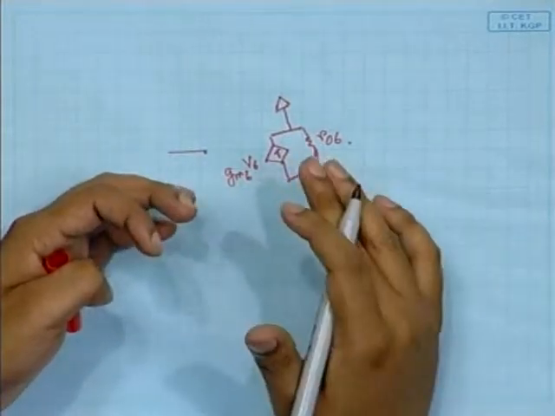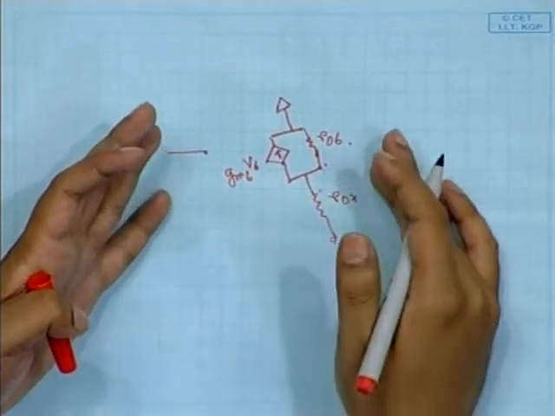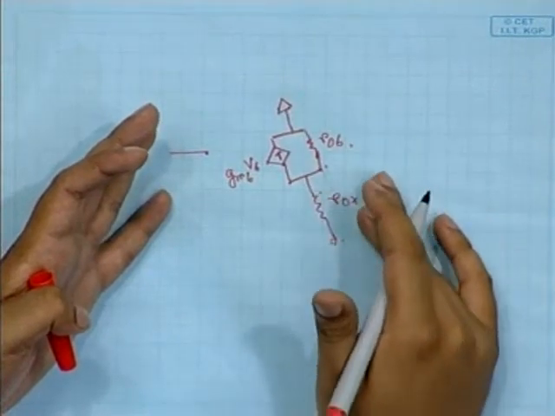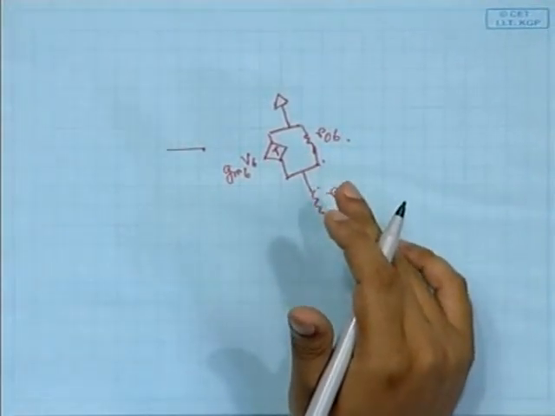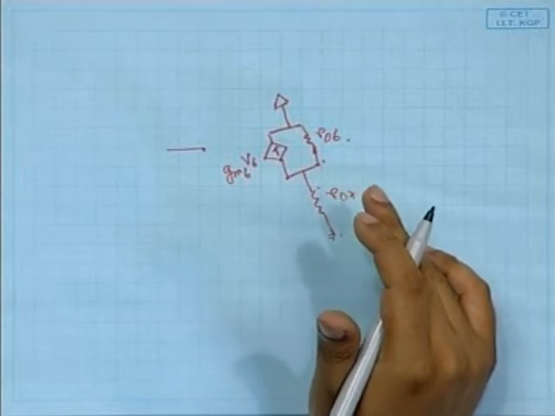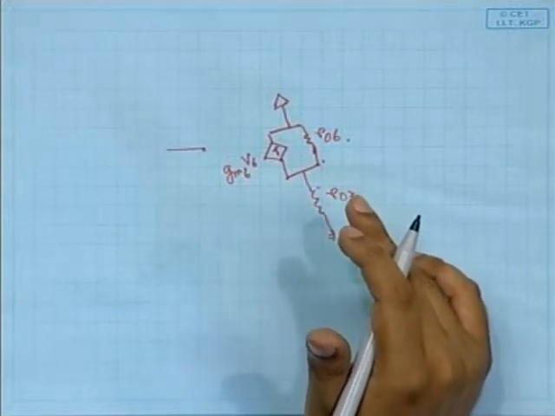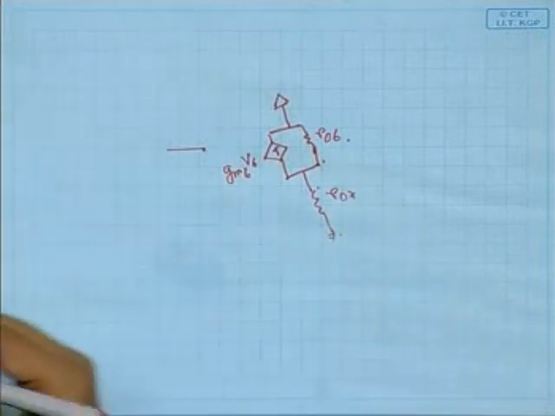So the effective gain of the second stage becomes GM6 multiplied by R06 parallel R07. So we get an overall voltage gain of GM1 GM6 multiplied by these output impedances.